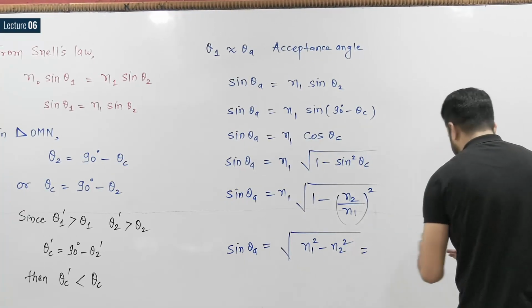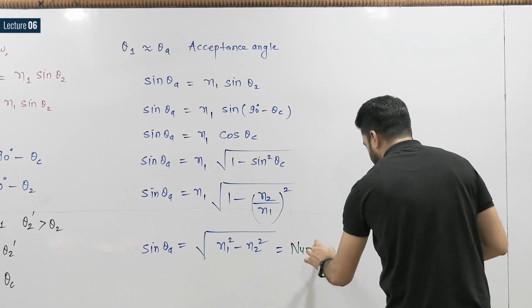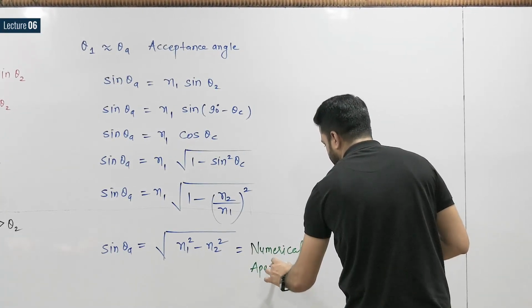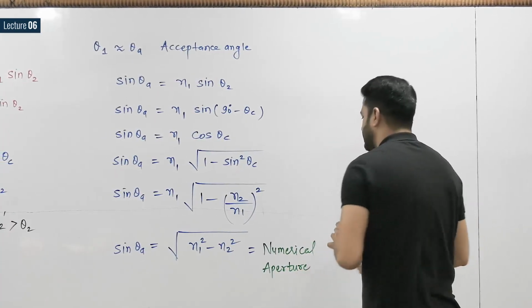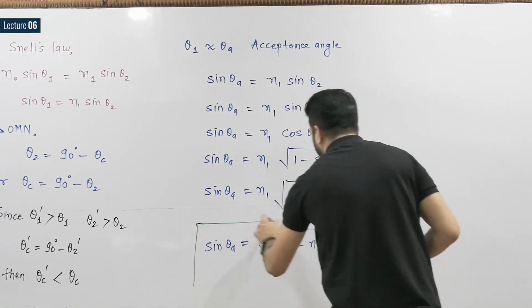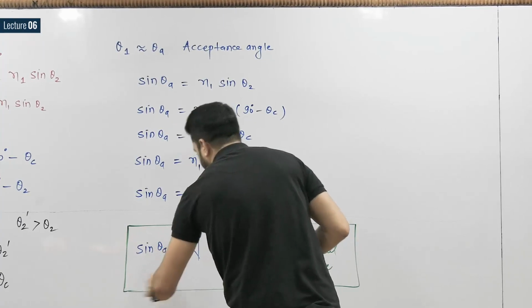So after solving this, we will get root over n1 square minus n2 square. This is known as numerical aperture. This formula is for numerical aperture. This is root over n1 square minus n2 square, or sine of acceptance angle is numerical aperture.